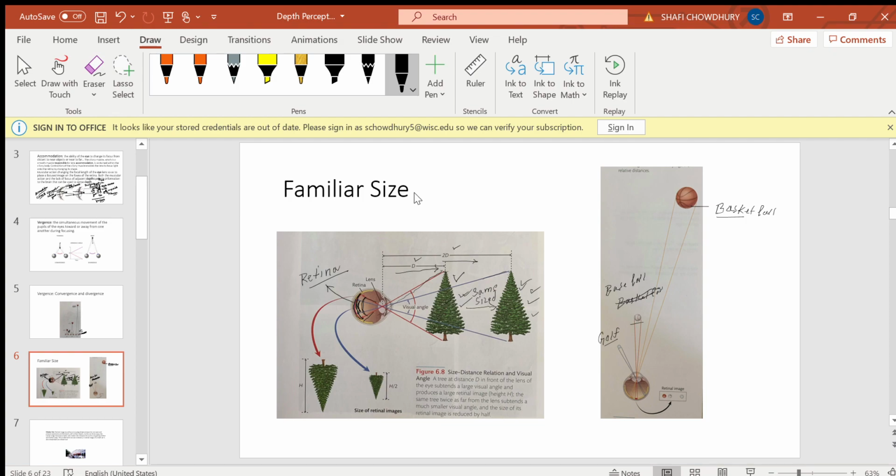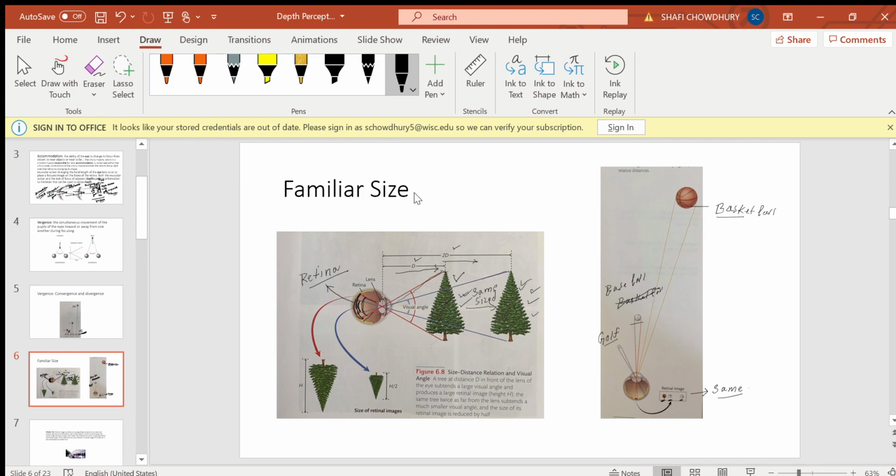Now, if on your retina the pictures of all those three balls are the same size, your brain knows that this picture is a basketball, this is a baseball, and this is a golf ball, because we know by looking at the color or shape which ball is which.